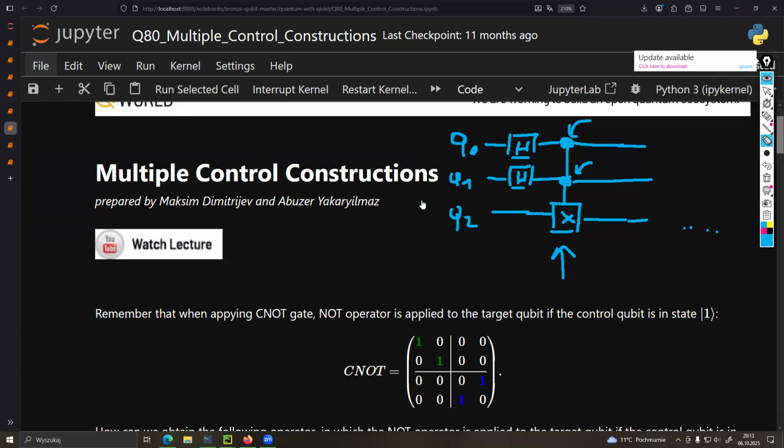This construction allows us to have way more depth to our circuits, because only a single control bit is okay for, for example, superdense coding and so on, but we would like to have even more capabilities.